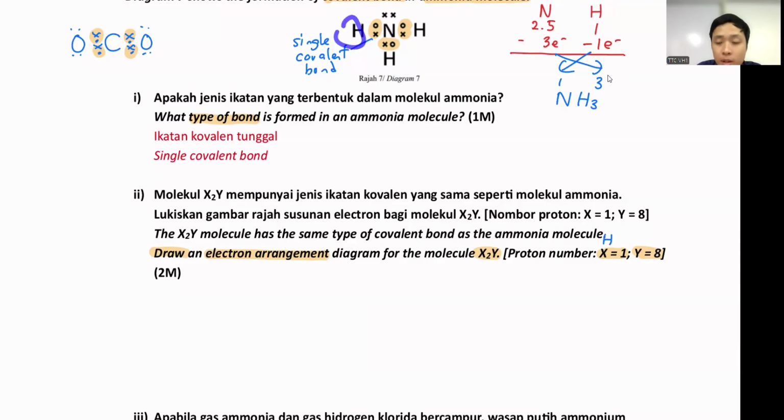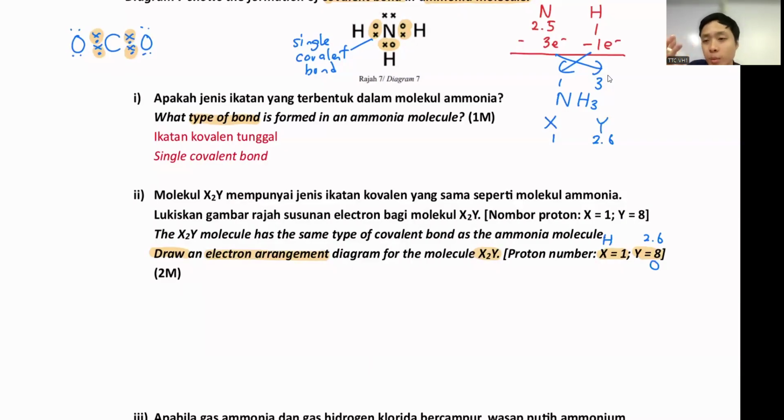Y is 8, the electron arrangement is 2.6. Actually, it's oxygen in this case. So these 2 combine together to form H2O. So X is 1, Y is 2.6.